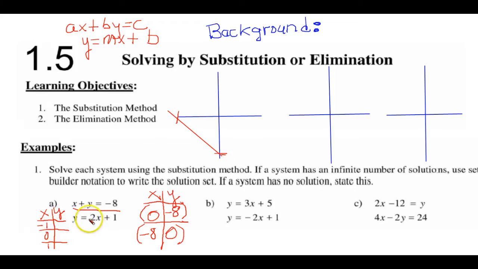So if x is a -1, this becomes a -2 plus 1. This is a -1. If x is a 0, 2 times 0 is 0, then this is going to be a +1. And if x is 1, 2 times 1 is 2, plus 1 is 3.